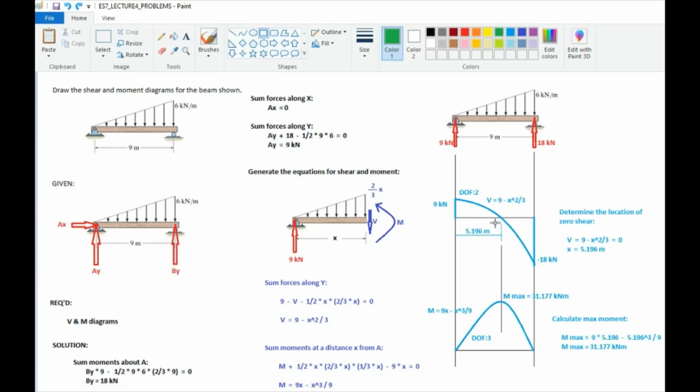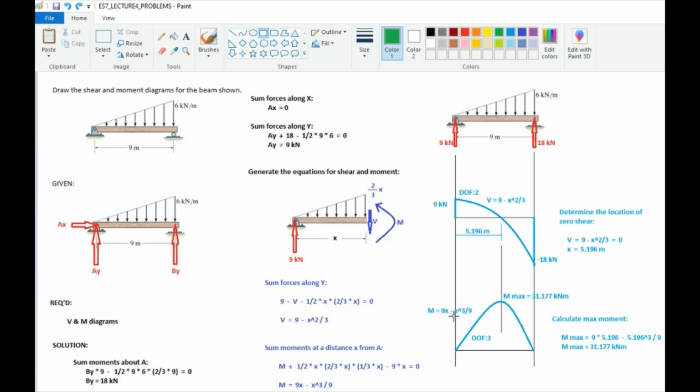So, this value, we can use in order to know the maximum moment. Because, we have our moment equation. So, m equals 9x minus x cubed over 9.